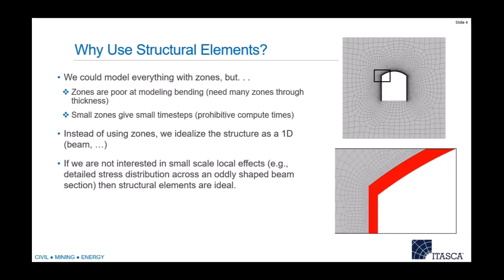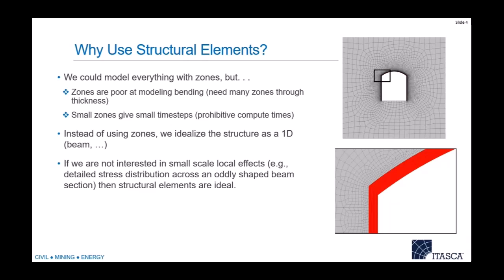So the way we tackled this problem is we introduced structural elements. Instead of using zones, we idealized the structure as a one-dimensional object. So instead of having an actual thickness, a 1D beam will be substituted here, and that will interact with the grid, bend and yield, and take forces like an actual structural element.